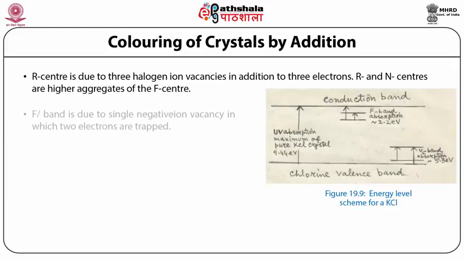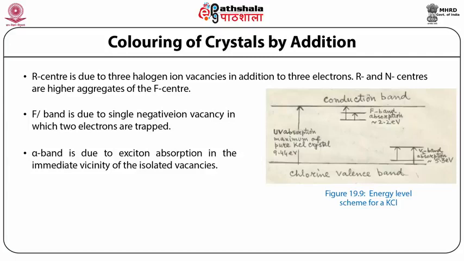Number 5. F' band is due to a single negative ion vacancy in which two electrons are trapped. Number 6. Alpha band is due to exciton absorption in the immediate vicinity of the isolated vacancies. Number 7.